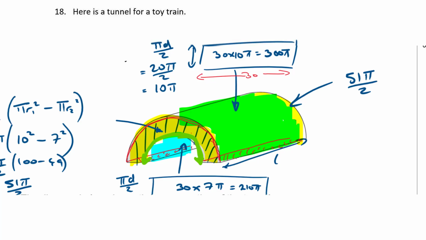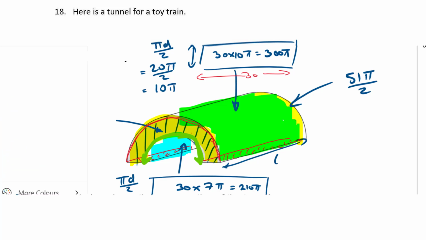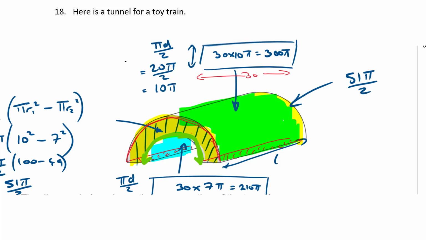Finally, we've got 2 matching rectangles which make up the feet of this shape. It's these rectangles here, look. Now that is going to be another rectangle shape. This time the rectangle is going to have a length of 30 again, and what is the width?